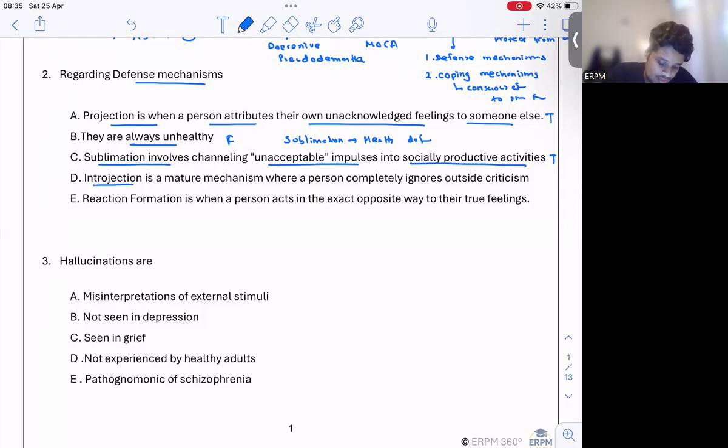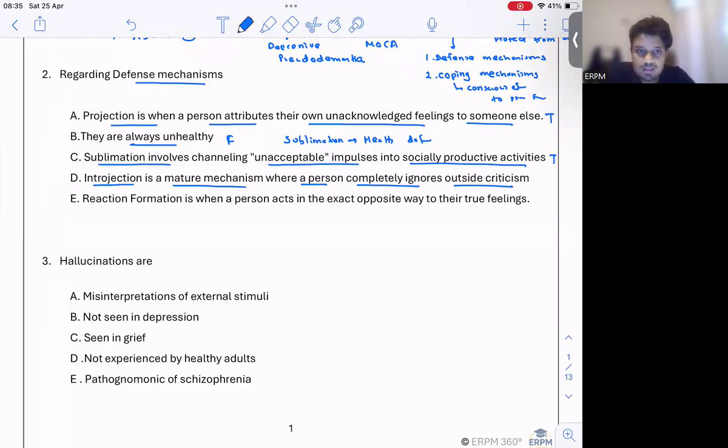Introjection is a mature mechanism where a person completely ignores outside criticism. No, that is false. Introjection means a person adopts values or attributes of a person he loves.